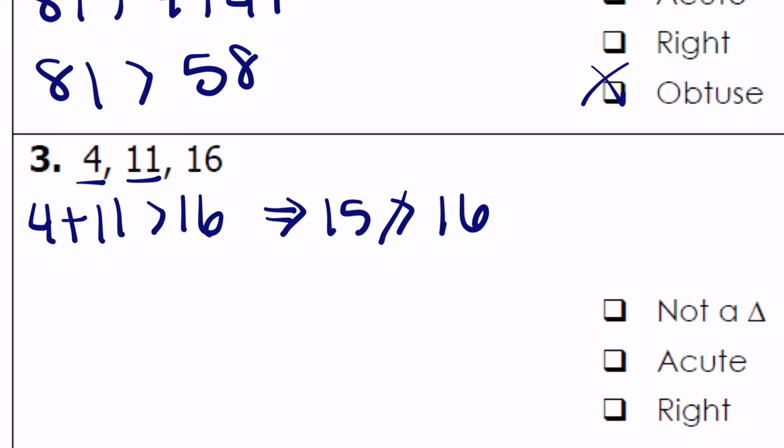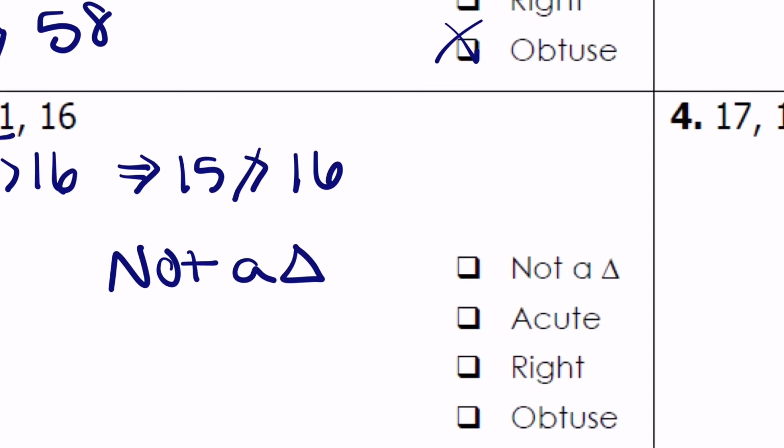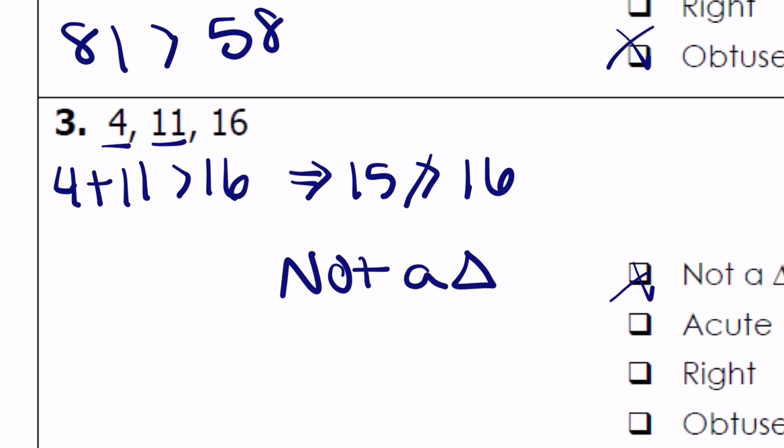So it is not a triangle. These side lengths cannot possibly form a triangle because the two smaller sides do not add up to be greater than the longest side.